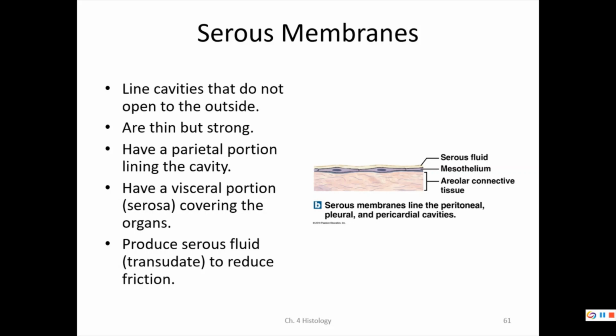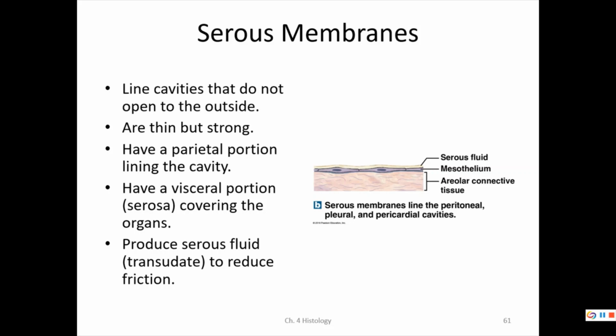Now, they line the body, but they're not open to the outside world. These are internal sealed membranes. And there is always going to be a serous fluid that they produce, but they're thin and strong because the areolar tissue is associated to them. They always have two parts. There's a part lining the body cavity called the parietal part, nearest the body wall, we would say. You probably saw this in lecture.